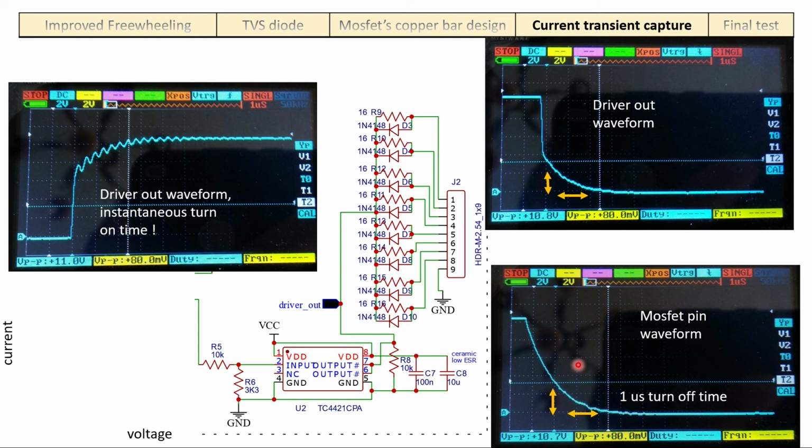If you think the turn on of the MOSFET is around 1.7 volts, you see that the turn off time is about 1 microsecond.